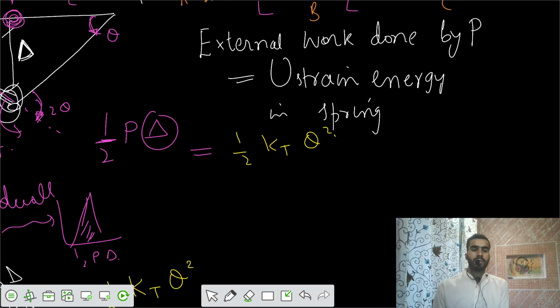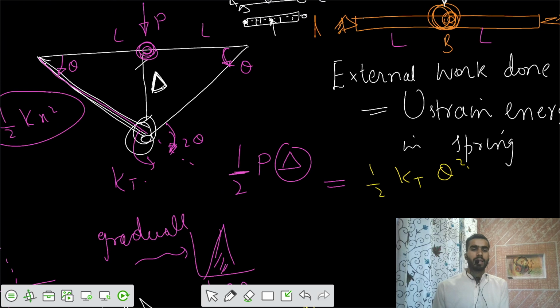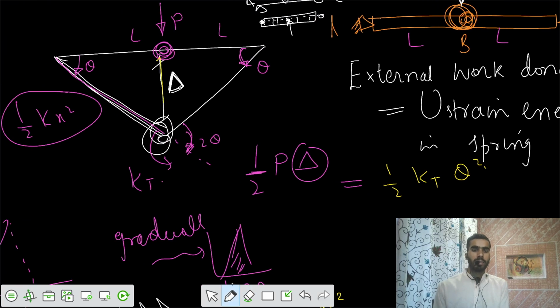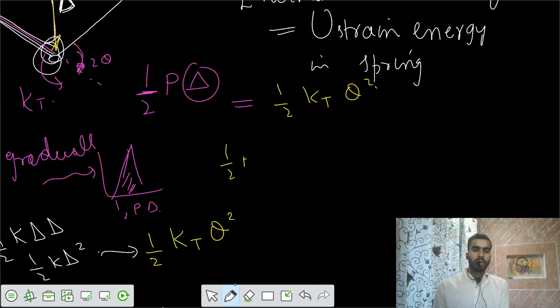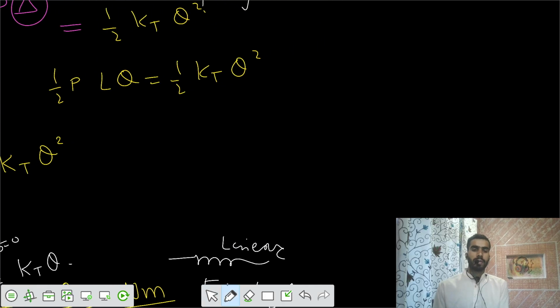So what can we get? Can we get the value of delta here? Some delta has developed, and that equals L times theta. So 1/2 P into L into theta equals 1/2 KT into theta square. So I can get the equation of theta at equilibrium.